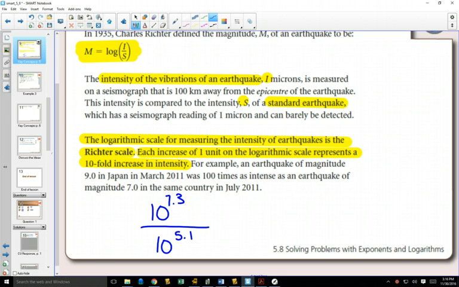It's going up 2.2. So if we look at what 10 to the power of 2.2 is, we could say that this earthquake is 10 to the power 2.2, 158 times more intense.